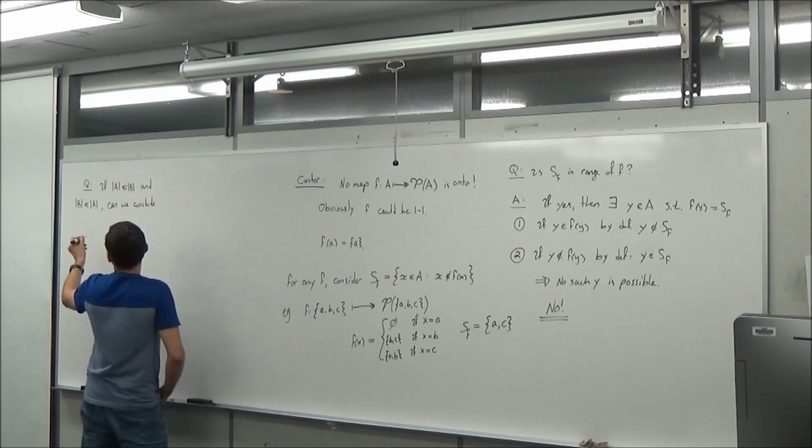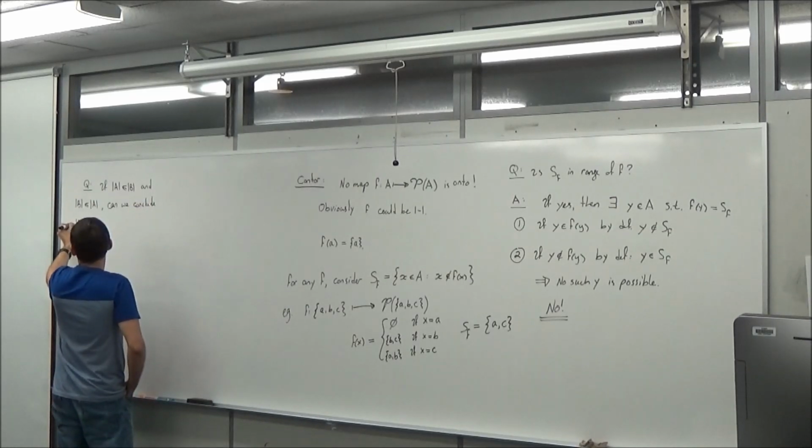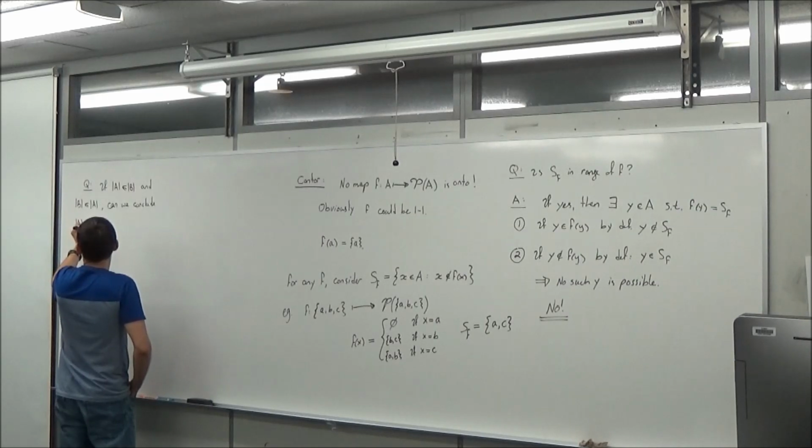Can we conclude that the cardinality of A is equal to the cardinality of B?